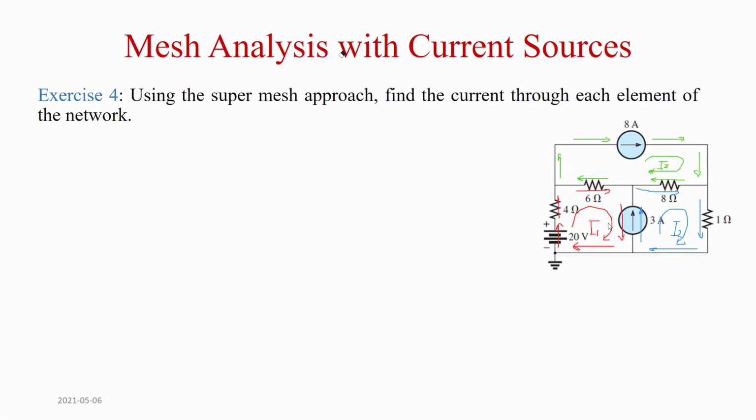Now, how many current sources do we have in the circuit? We have 2 current sources, okay. So the 3 ampere current source, is it between 2 windows or in 1 window? Is it in 1 mesh or 2 meshes? In 2 meshes.